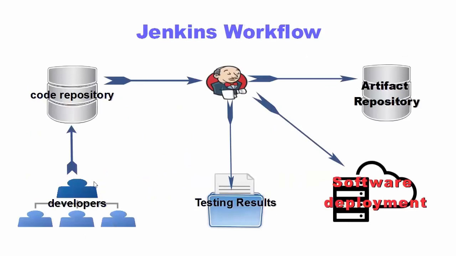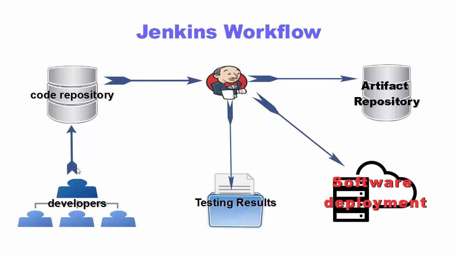So you can see here are your developers who are going to develop some code, and they are going to commit their code into code repositories such as Mercurial or Git or Subversion, and this commit of changes of code will be automatically detected by Jenkins.